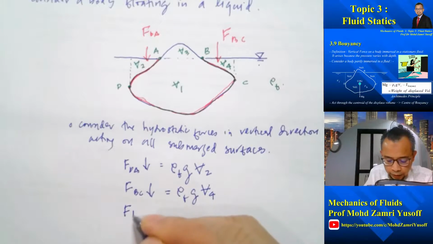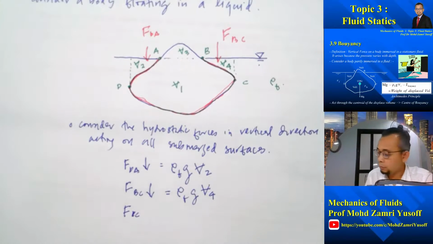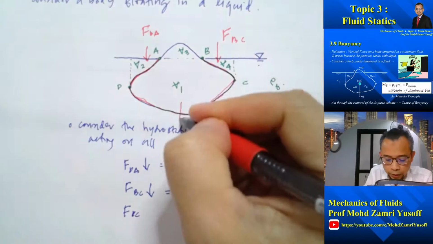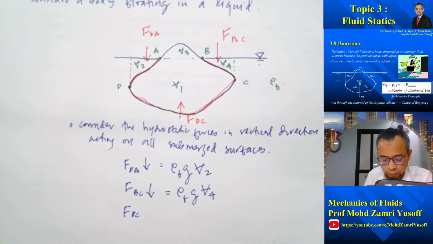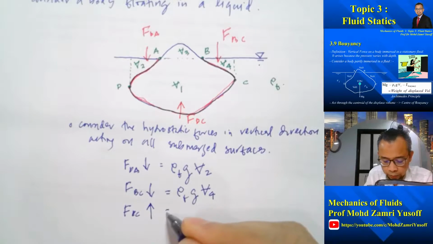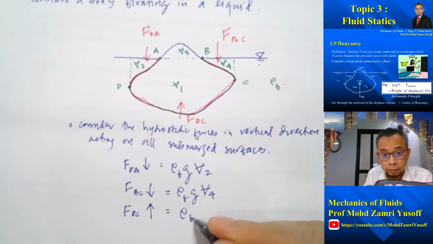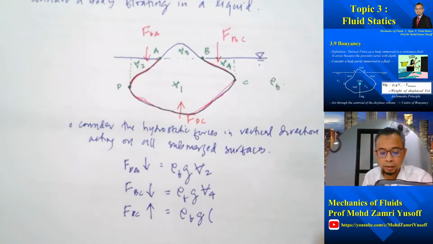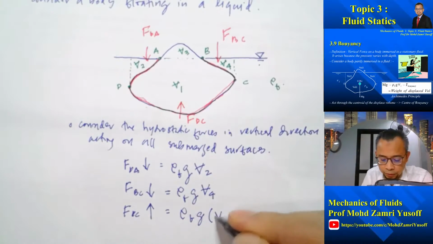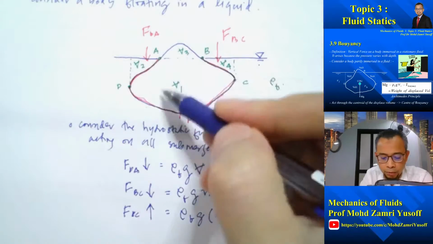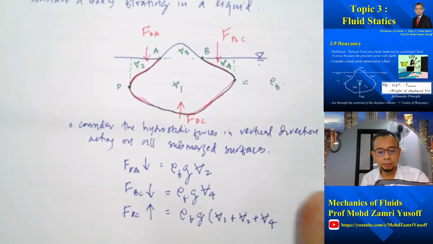F_DC will be acting upward, and it is equal to rho_f g, but the volume above this surface DC will be equal to volume 1 plus volume 2 plus volume 4, which is basically the whole of this volume above.